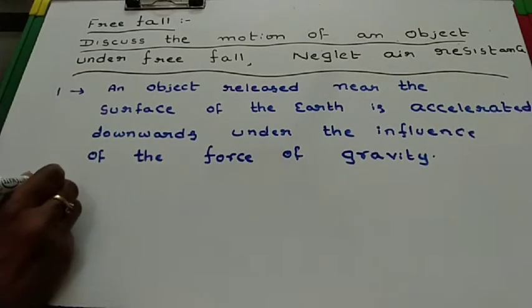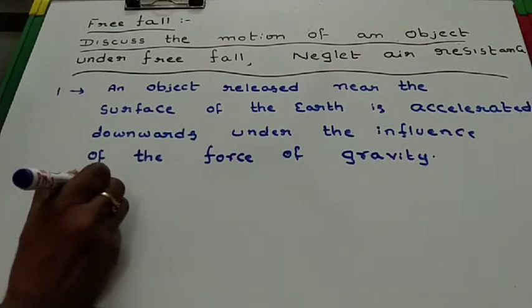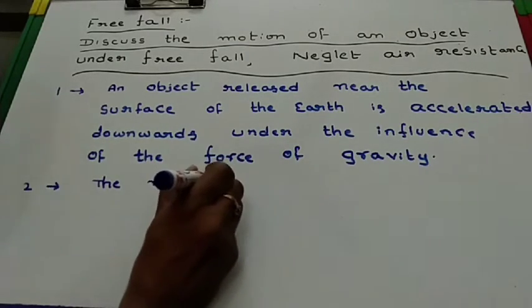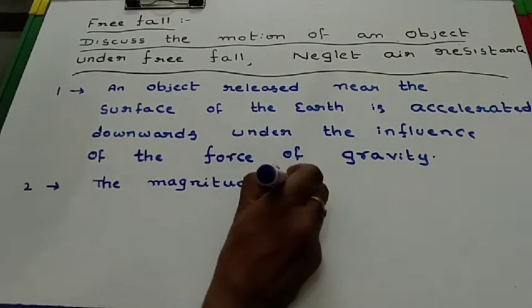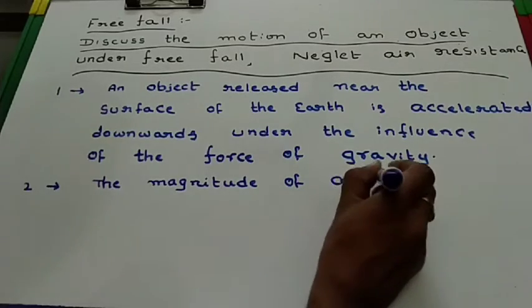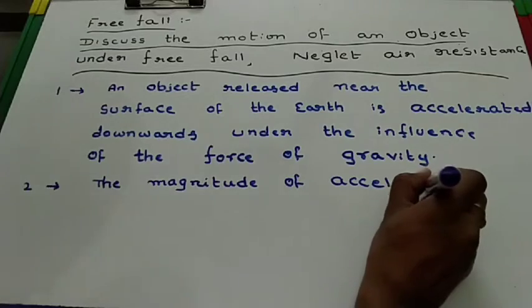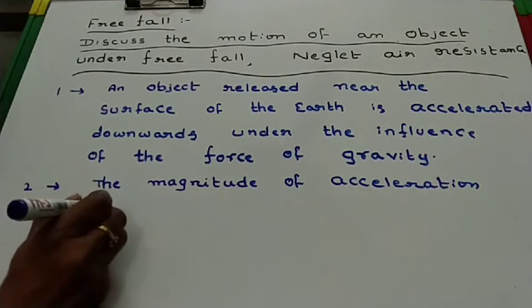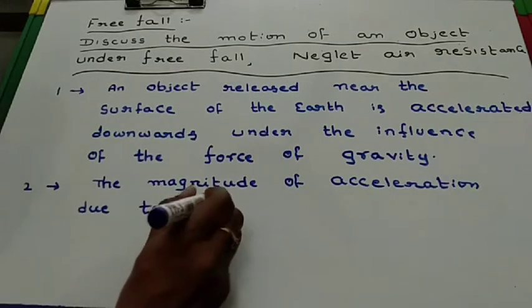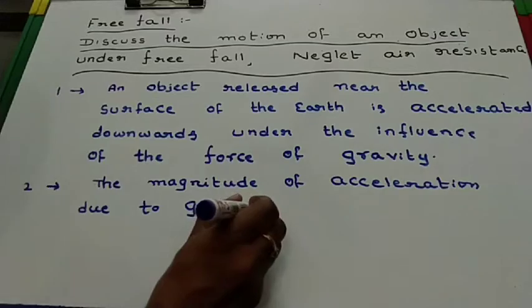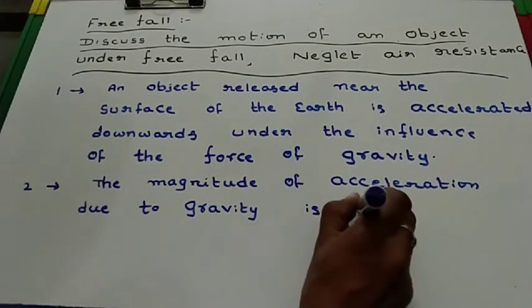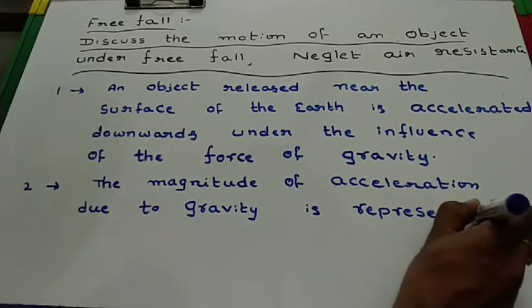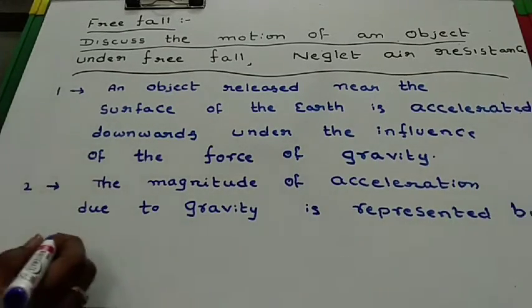Now point number 2. The magnitude of acceleration due to gravity is represented by small g.